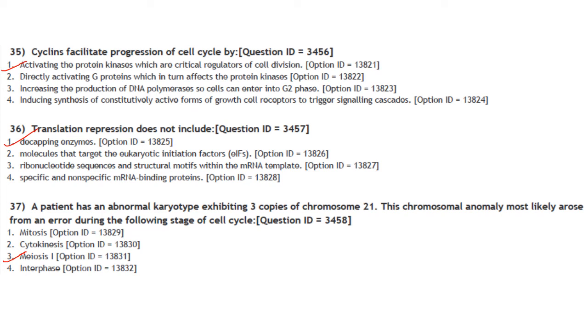Both the chromosomes of the pair 21 pass into a single egg due to non-disjunction during oogenesis in the mother's ovary. Thus the egg has 24 chromosomes instead of 23 and the offspring has 47 chromosomes instead of 46. So answer is option 1, that is meiosis 1.